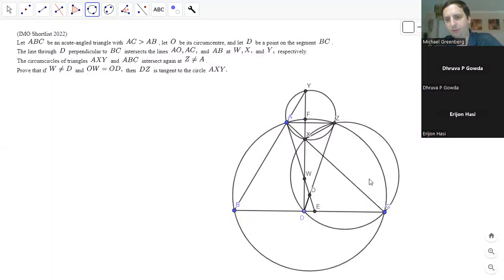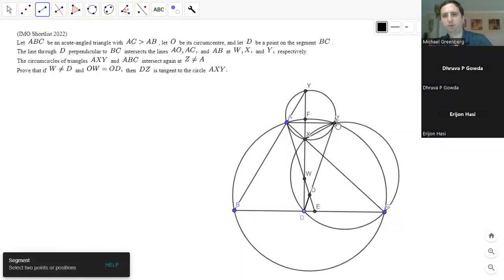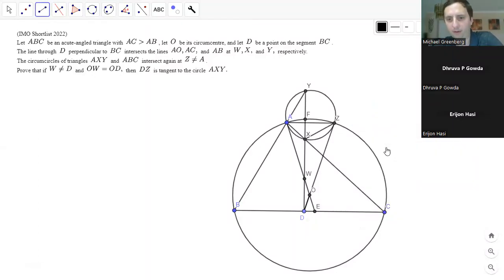I kind of like trying to show that this is a right angle here, CZX. So I'm going to hide that just for now. We want to show CZX as a right angle.